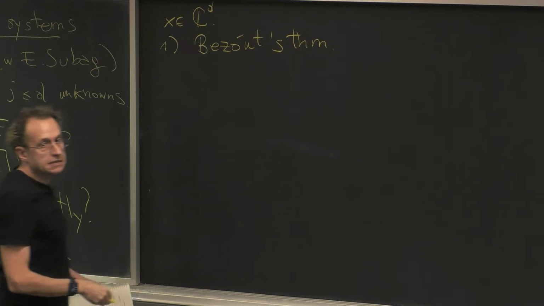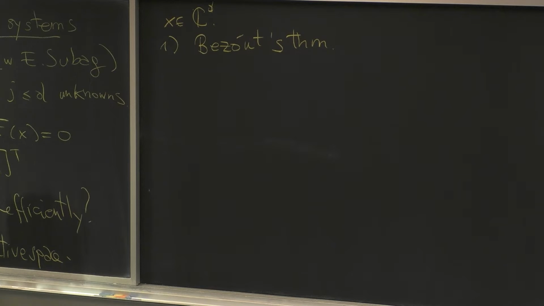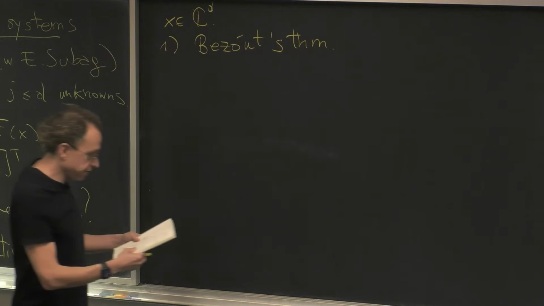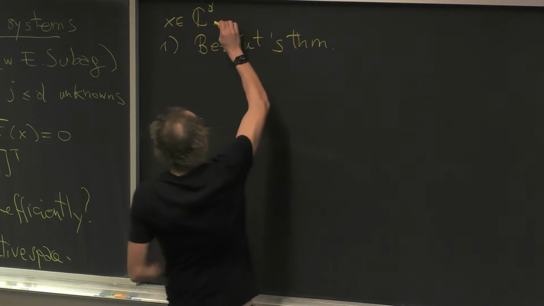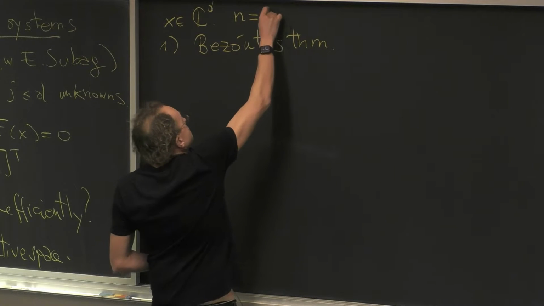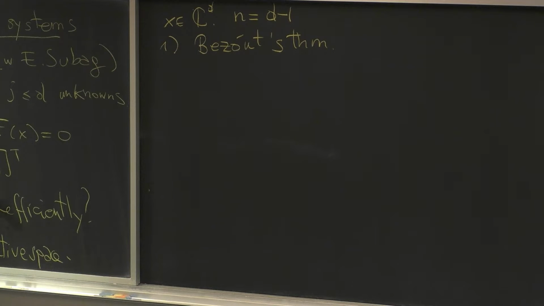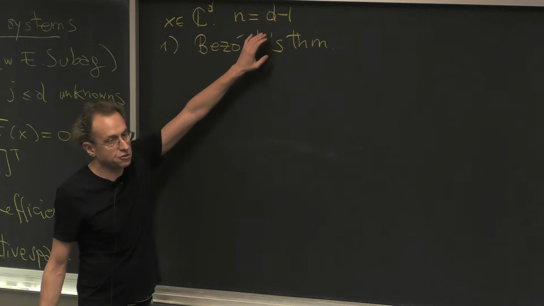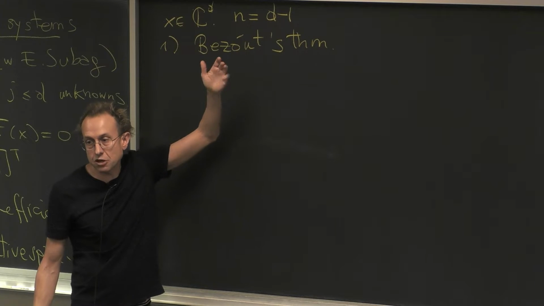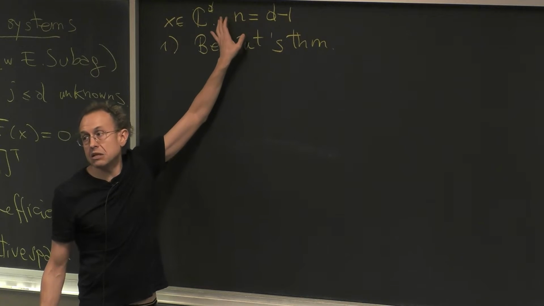And Bézout's theorem says that generically, one typically looks at the edge case in which there are basically as many equations as unknowns. There is one equation because of the norm, so there are in reality n plus 1 equations.